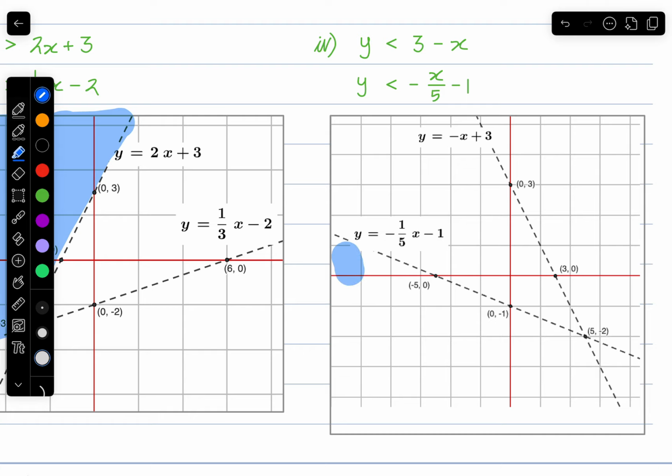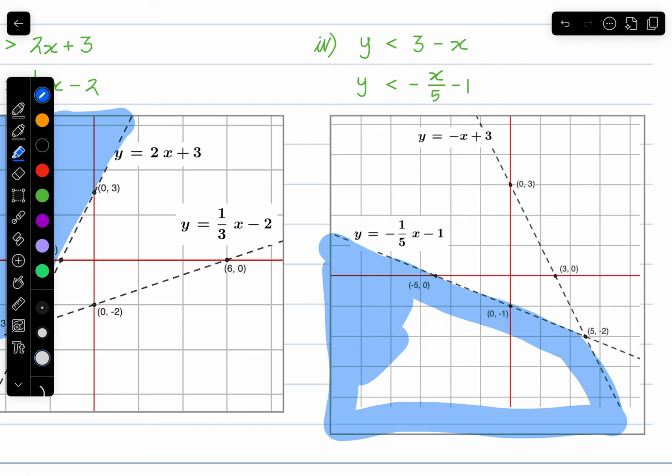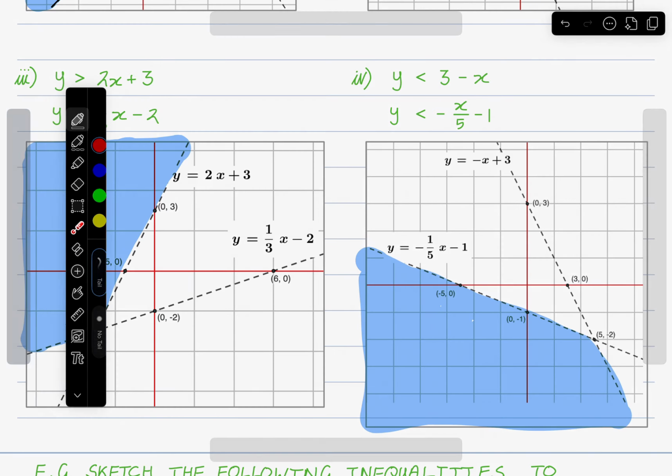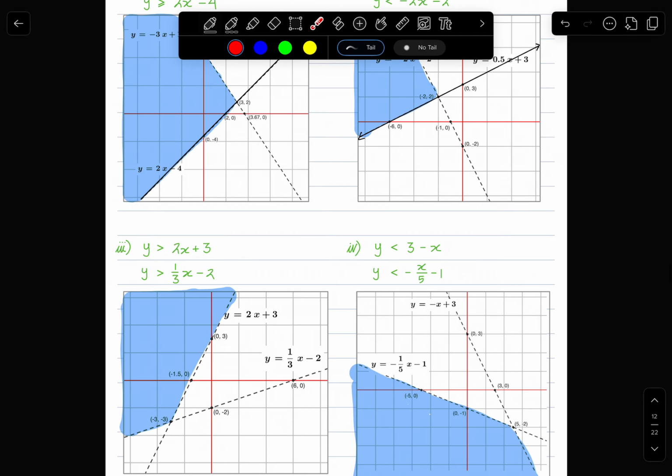So shading that one in. And as you can see, both of them are still less than but not equal to, so I'm not going to make any of the dotted lines solid. That's how we get it.